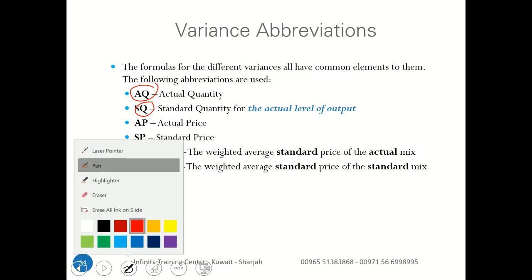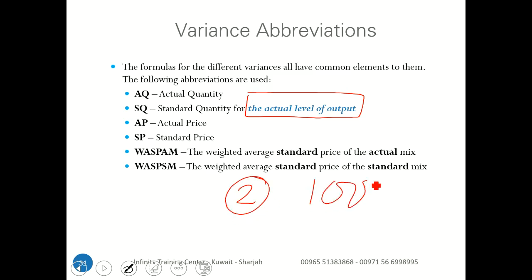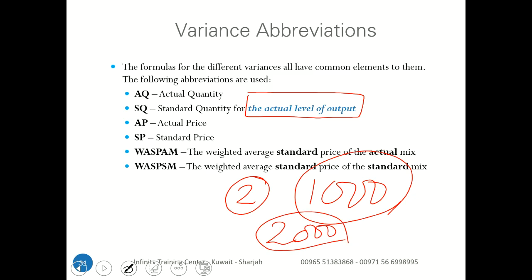Standard quantity means the standard quantity for the actual level of output. This we have to remember. For example, my standard quantity to make 1 unit is 2, and actually you produced 1000 units. That means the standard quantity you need to make the actual 1000 units is going to be 2000 units.